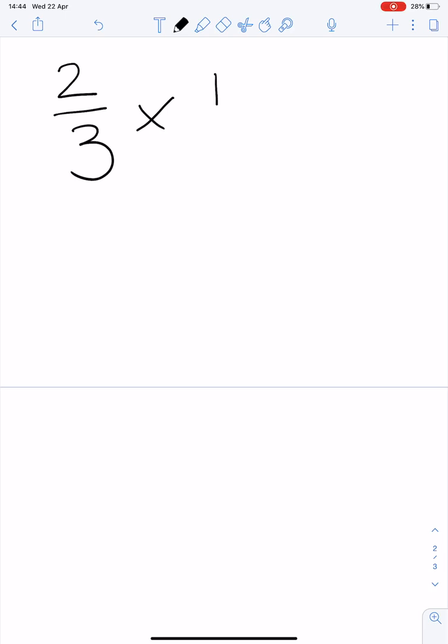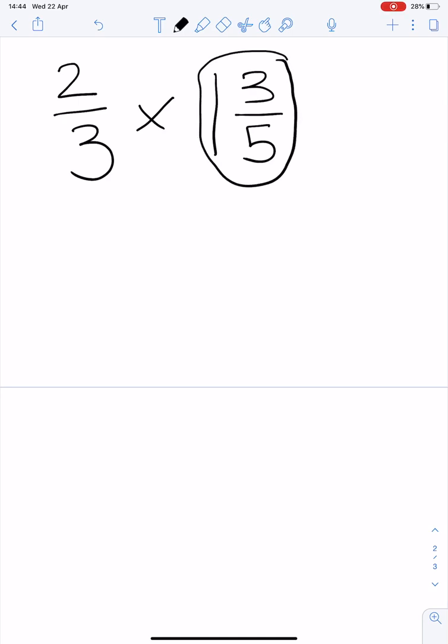2/3 times by 1 and 3 over 5. Now, immediately, we can see that we're going to have a problem here, because we can't just go ahead and multiply the numerators because there is a whole number in the way. We need to convert our mixed numbers into improper fractions before we begin.